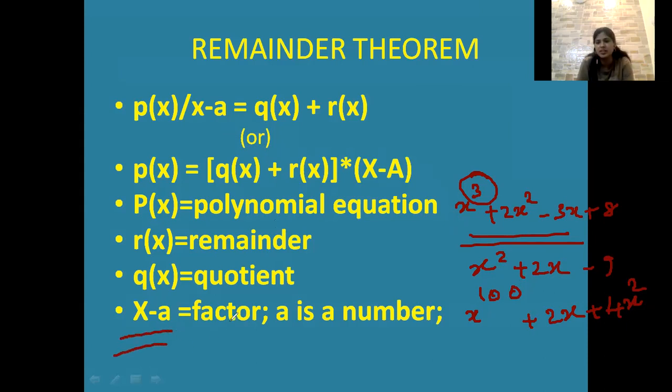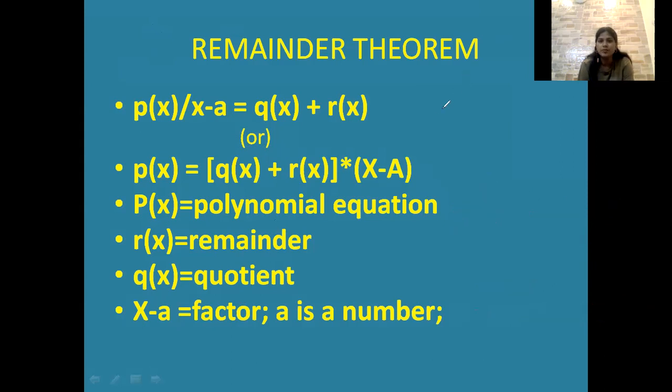x minus a is nothing but the divisor, which is also a factor for the remainder theorem. So this remainder theorem is basically similar to a division problem. I'll explain how. Consider you have to divide 10 by 2. This 10 is going to be the polynomial equation. This 2 is going to be the factor.